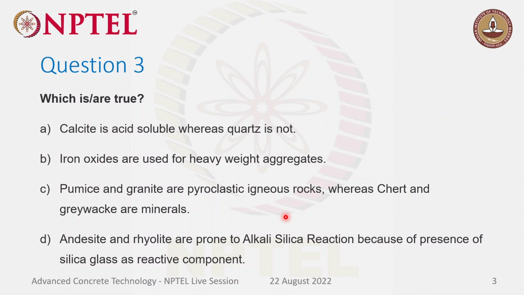Option D is andesite and rhyolite are prone to alkali silica reaction because of the presence of silica glass, that is reactive silica. Okay, now let me start the timer. Please pick only the right statements. This question is quite an easy one as well.